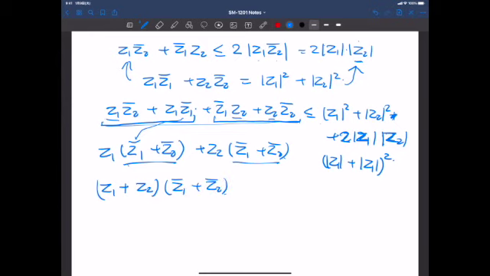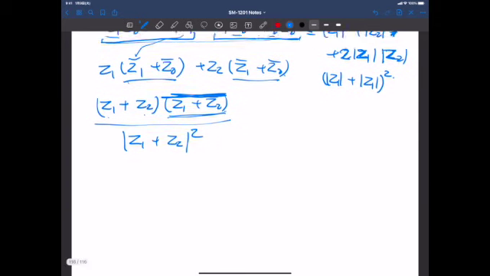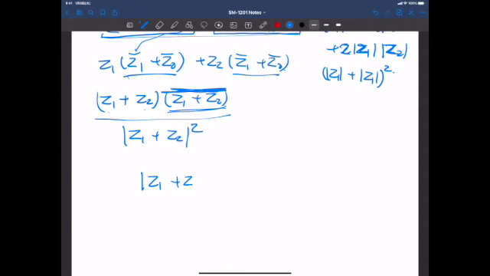plus z2 bar. But the sum of conjugates is the conjugate of the sum, so we can put this. But we have z1 plus z2 multiplied by its conjugate, so this is equal to the modulus of z1 plus z2 squared. So after all, we have the modulus of z1 plus z2 squared less than or equal to the square of the sum of moduli.